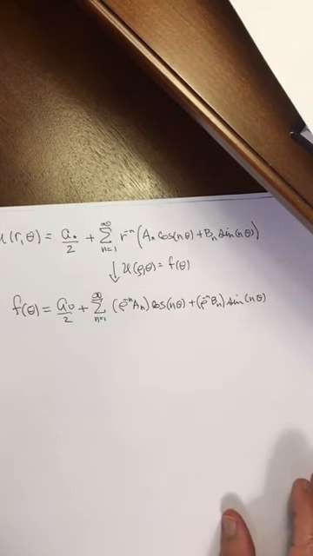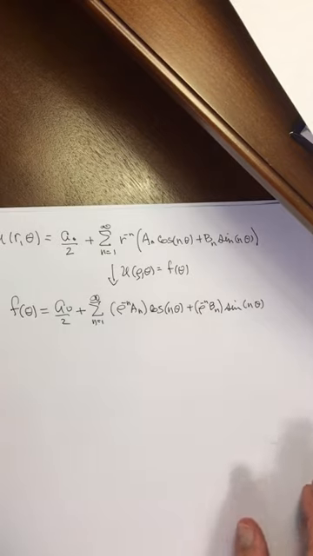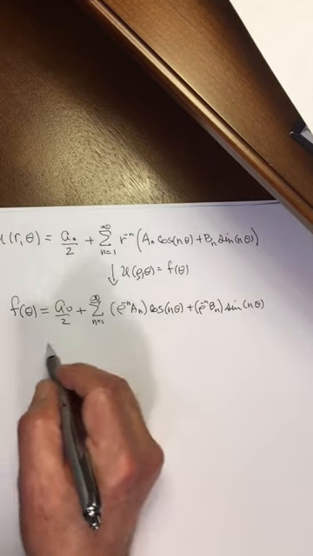And we recognize this as a full Fourier series for the function f of theta on the interval minus pi to pi. And so in fact we know the formulas now.